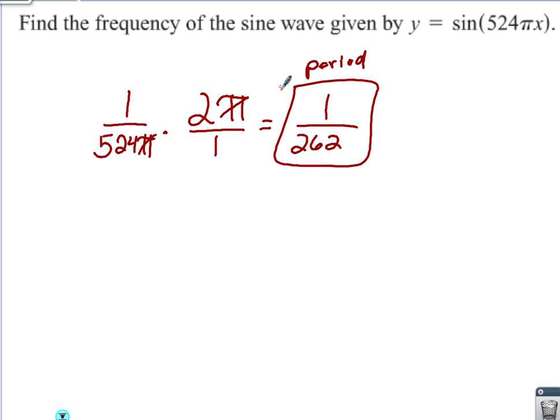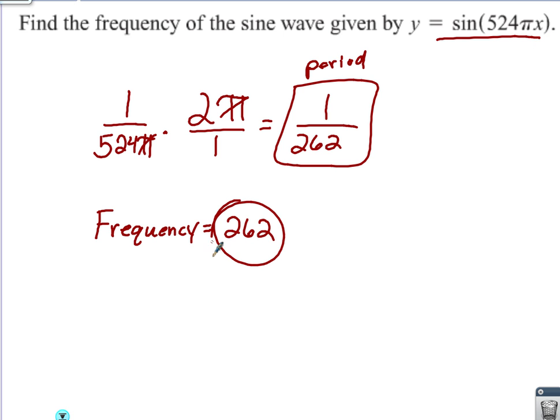So the frequency is simply the reciprocal of that, 262. Frequency is 1 over period, period is 1 over frequency. What that means is, if your x-axis is in seconds, then this curve will complete 262 cycles in a single second.